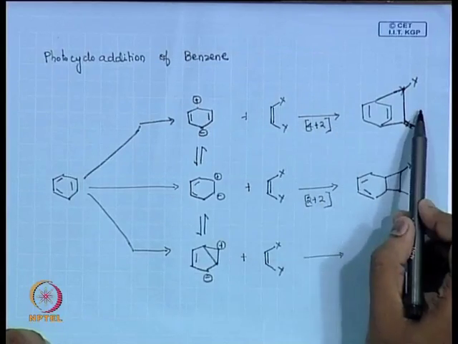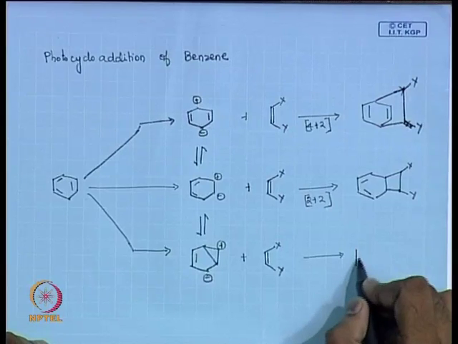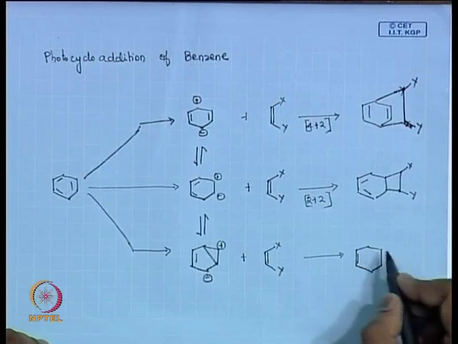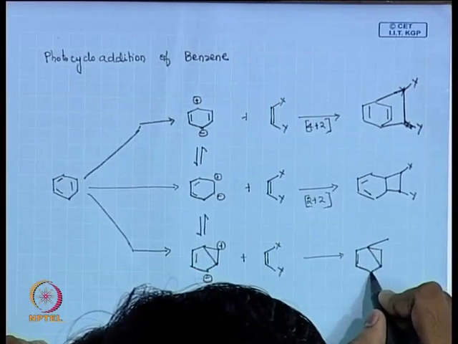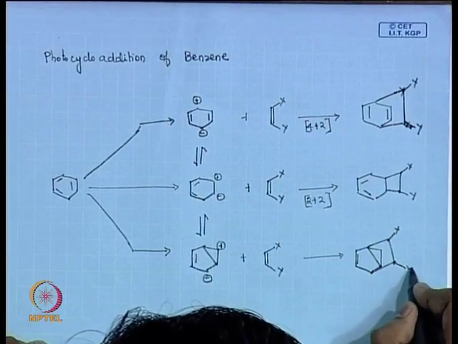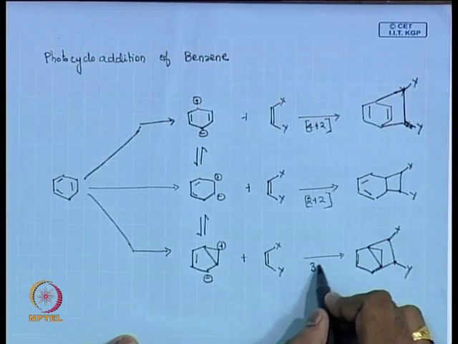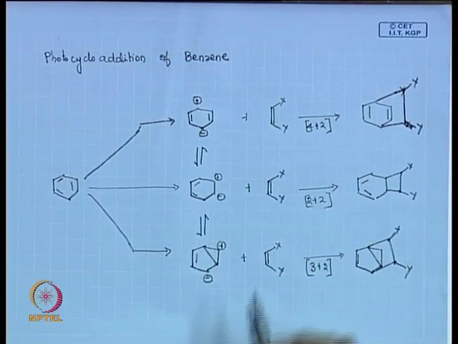So, you call it 4 plus 2 cycloaddition, and 2 plus 2 cycloaddition. This here, 3 plus 2, 1, 2, 3, okay.